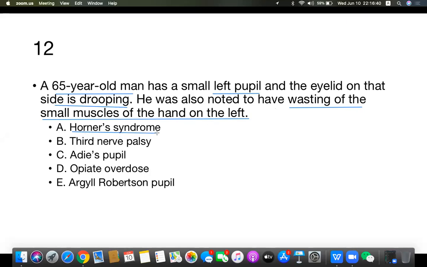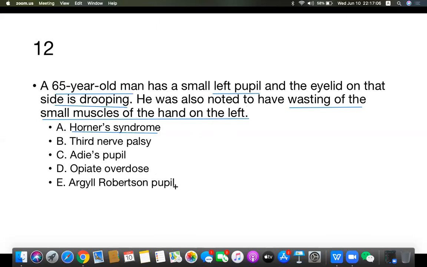Others are very, very difficult to fit. See that Klumpke palsy. Now how do you explain the wasting of the muscles of the hand? And this small left pupil doesn't occur in a third nerve palsy. The opposite thing happens, dilation, so excluded easily. Opiate overdose, pinpoint pupils on both sides will happen, and other things are very difficult to explain.